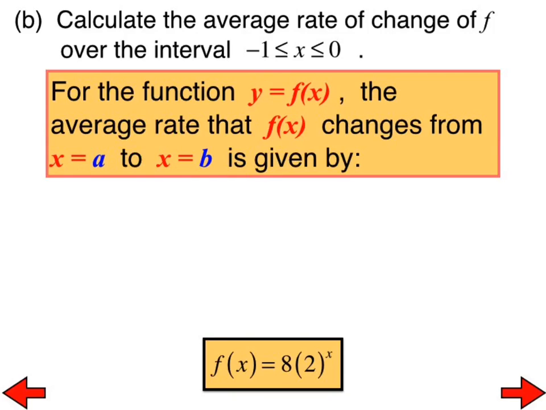So for the function y equals f of x, the average rate that f of x changes from x equals a to x equals b is given by this right here. And if that is not in your notes, you may want to write that down. This is how we find the average rate of change. F of b minus f of a over b minus a.